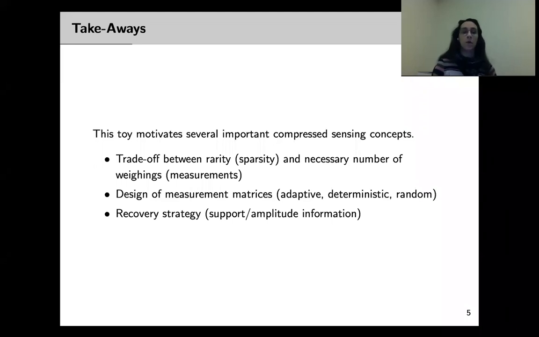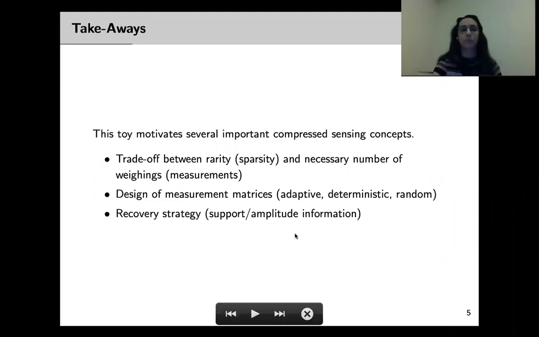Because that different ball was so rare, we could identify it with many fewer measurements than we would need if there was lots more going on. There's just not a lot going on. We can treat all those other prevalent balls as background.